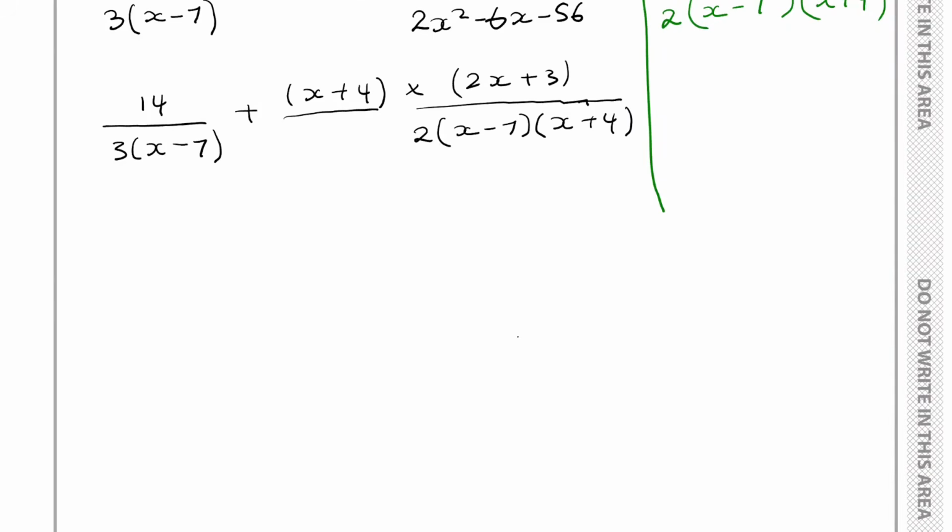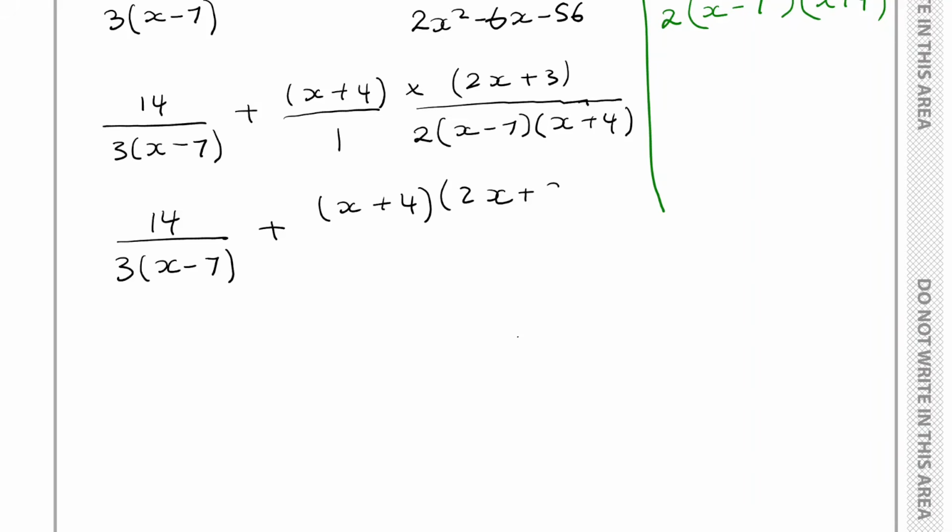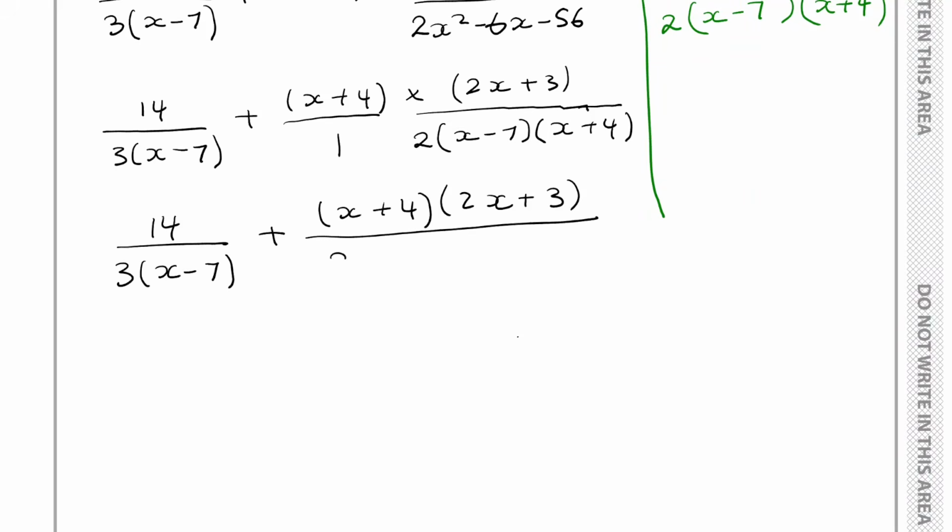I can multiply x plus 4 by my fraction by thinking of it as x plus 4 over 1, just times the top, times the bottom. So I've got 14 over 3 times (x minus 7) still, plus (x plus 4) times (2x plus 3) over 2 times (x minus 7) times (x plus 4).